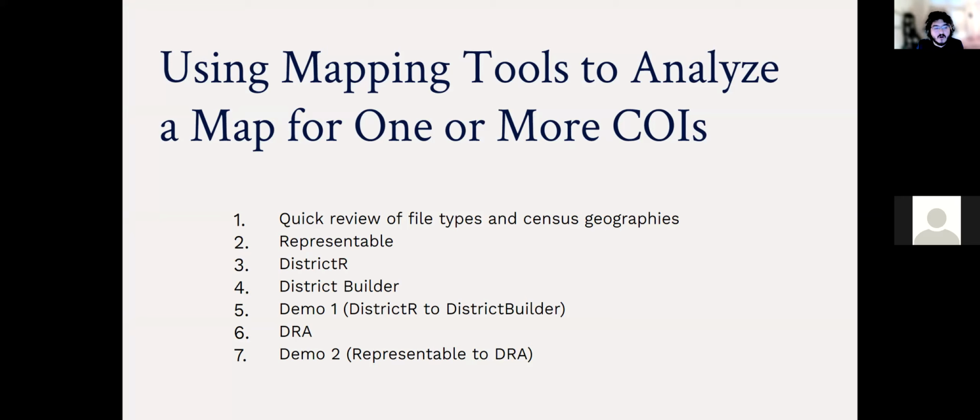I'll go over about four different mapping tools we'll be utilizing today: Representable, Districtr, District Builder, and DRA. We're going to do two demonstrations. The first will revolve around using Districtr for the COI and getting that into District Builder. Demo number two will involve creating a COI in Representable and putting that into DRA.